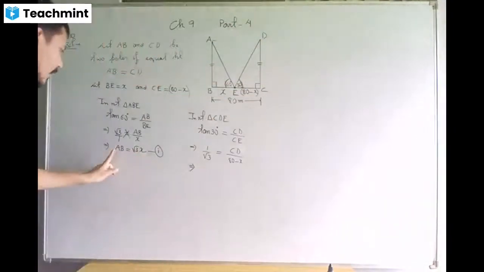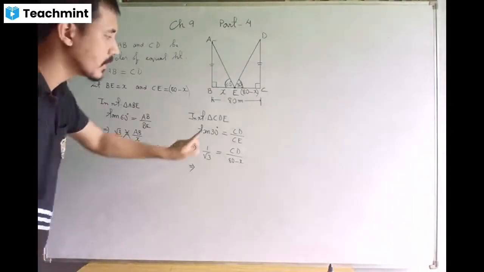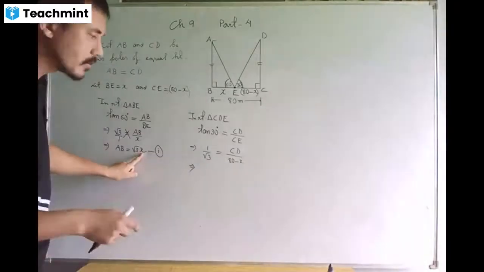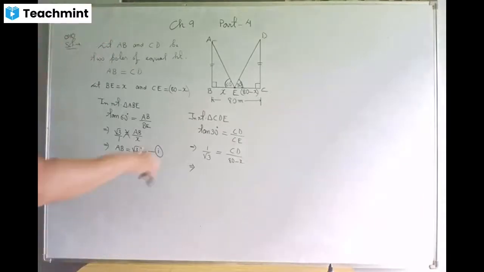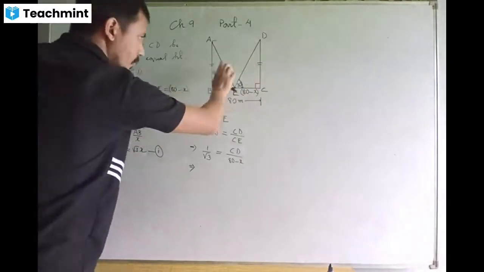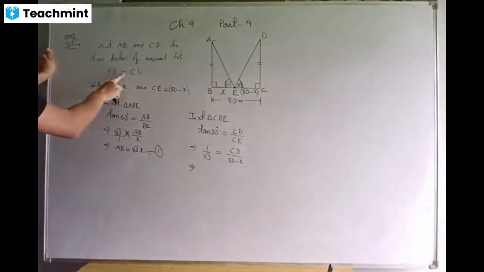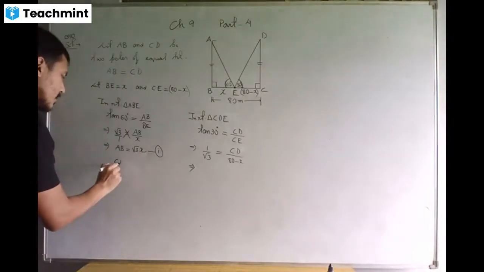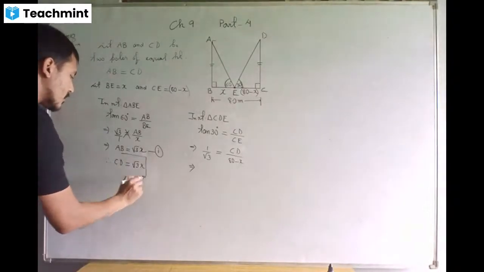If we have obtained AB to be square root of 3 x, then the length of CD would also be square root of 3 x, because AB and CD are equal.